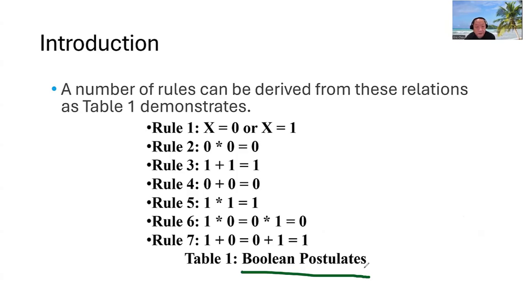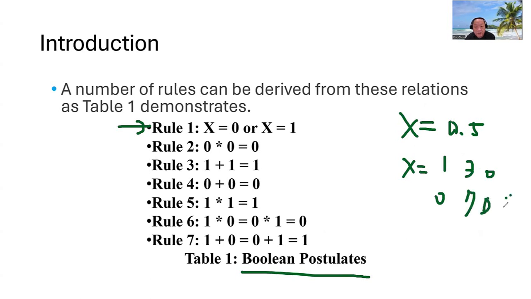Okay, postulates. So rule number 1 is that a variable x is either equal to 0 or equal to 1. There's no such thing as x equals 0.5, or x equals 1 by 30% and 0 by 70%. When we talk about 0 or 1, Boolean algebra is always 0 or always 1.